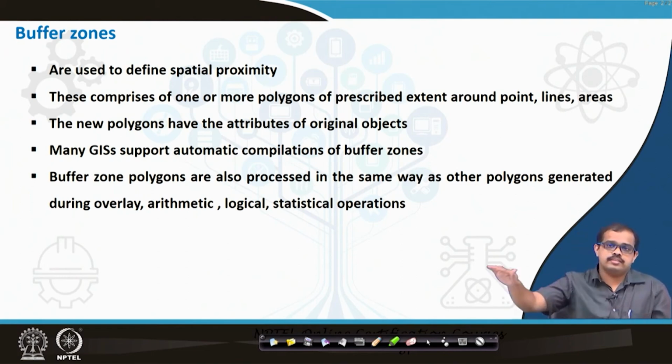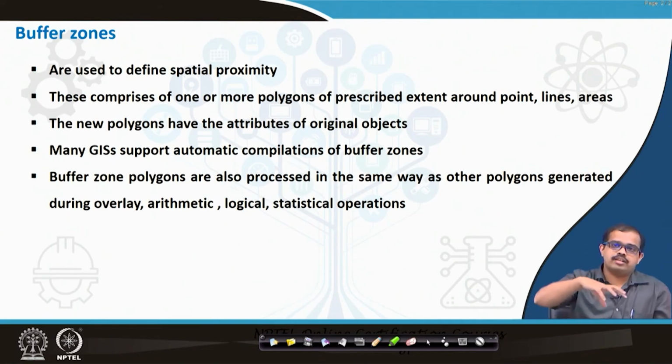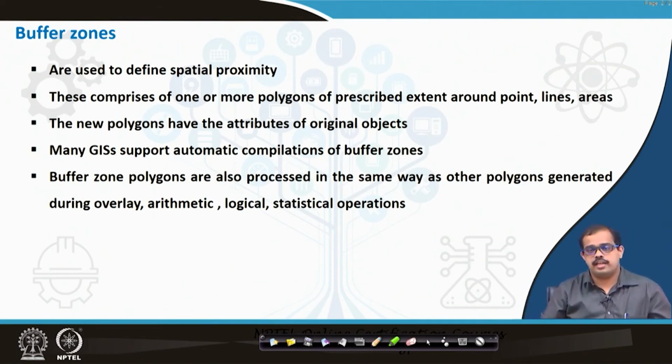So, maybe 5 meters, 15 meters, 5 kilometers, 15 kilometers or 25 kilometers, whatever the rule is, you draw a buffer and see what kind of infringement has happened as far as that water body is concerned. Such kind of analysis can be done. That is why you need to understand that there is a tool called buffer zones, which can be used as spatial analytics for various kinds of applications.